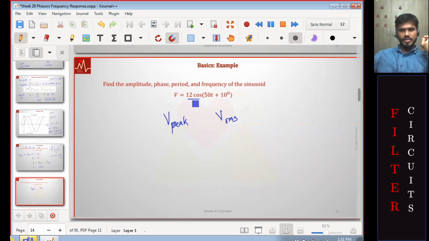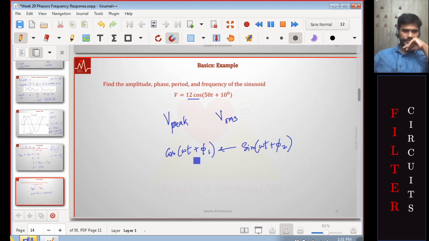When the function is given, we can easily read the peak there. And then cos omega t plus phi, sin omega t plus phi. So what is the phase? Say if you have been given this function instead of a cos, you have to convert that to a cosine and then only read the phase.